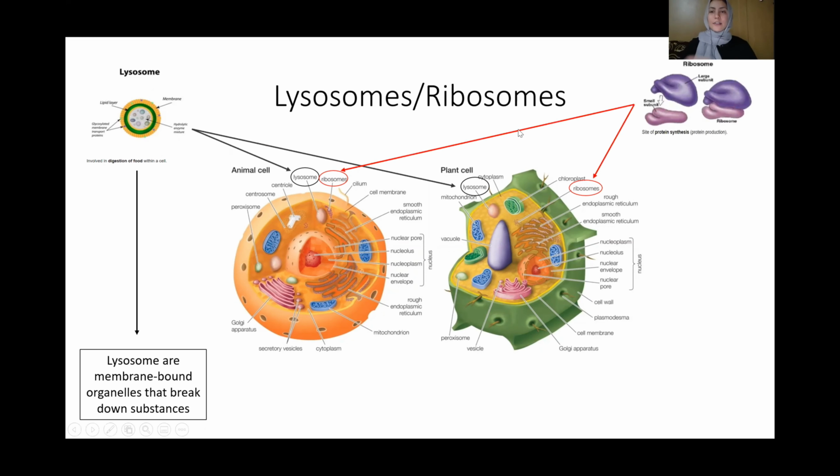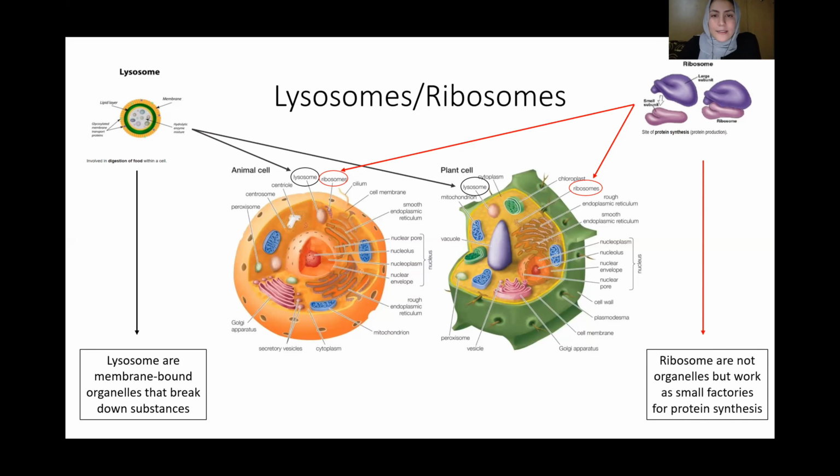They look like two subunits, made of one big and one small, and they synthesize protein. So this is how they function in our cell. And we know protein synthesis in our body is really important because protein is involved in everything, right? Yeah. So this is their function, just protein synthesis.